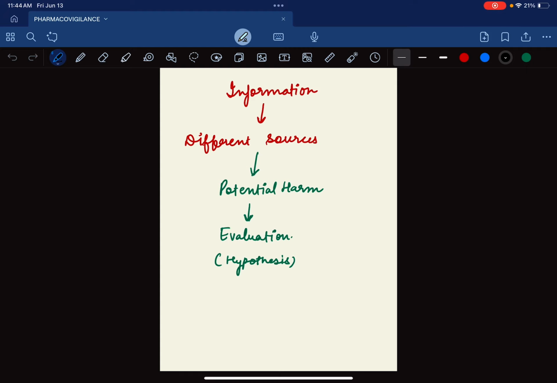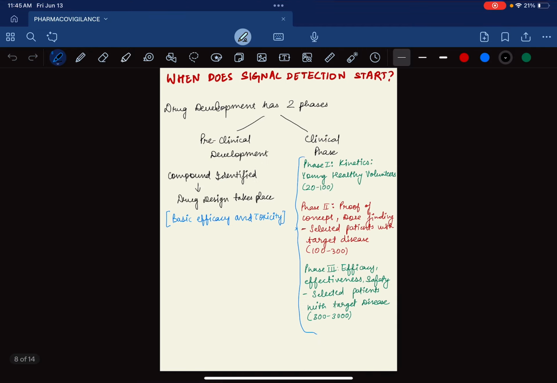These different sources can be literature or spontaneous sources, and there is a potential harm in the information which needs further evaluation, and there is a hypothesis that needs to be proven, the hypothesis of a causal relationship between the adverse event and the drug or the medicinal product that is involved. So, when does signal detection start?